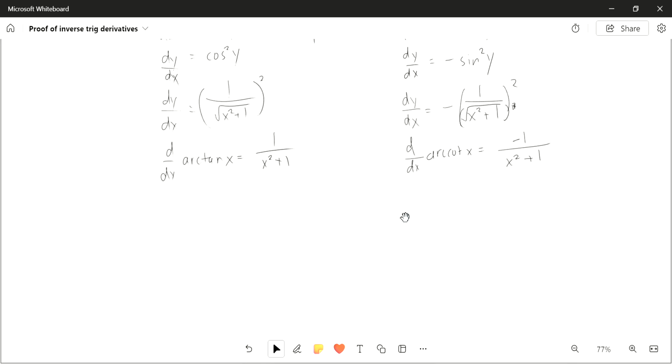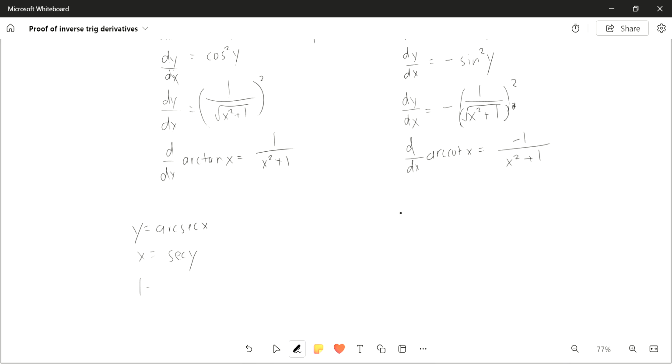So now there are two more, and these two are objectively the ones that are most painful to work with, but they're also the ones that you'll most likely see least. So good for whoever doesn't have to prove these. So we have y is equal to arc secant x.